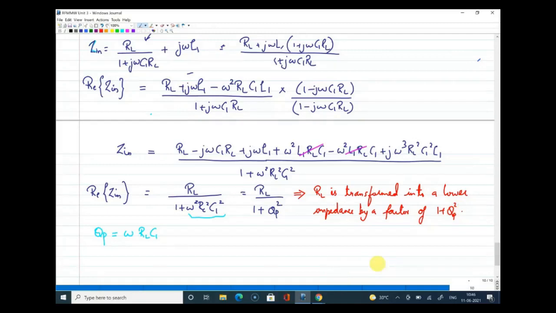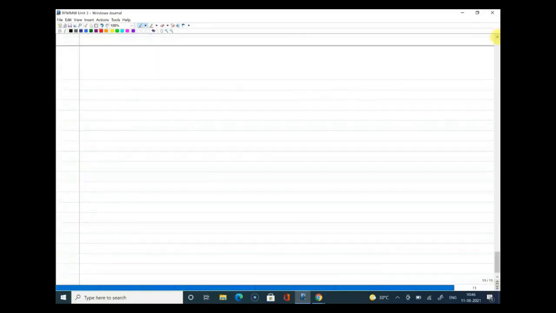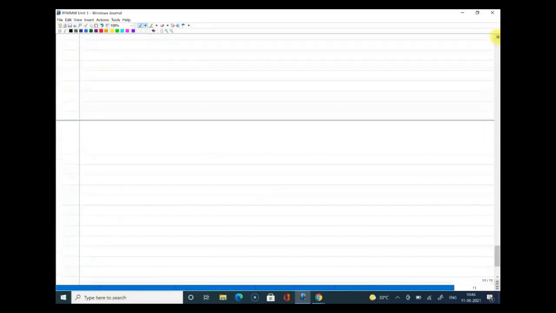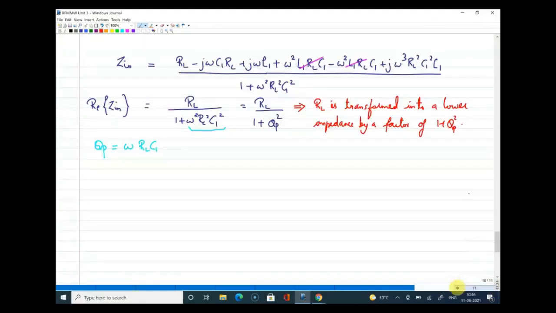Now we know that the imaginary part should not be there, because what we need is a pure resistive impedance. So if I want to make the imaginary part 0, we will set the imaginary part equal to 0. By doing this, I'll get a condition such that I can choose the capacitance and inductance values, and that will definitely lead to a 0 imaginary part.